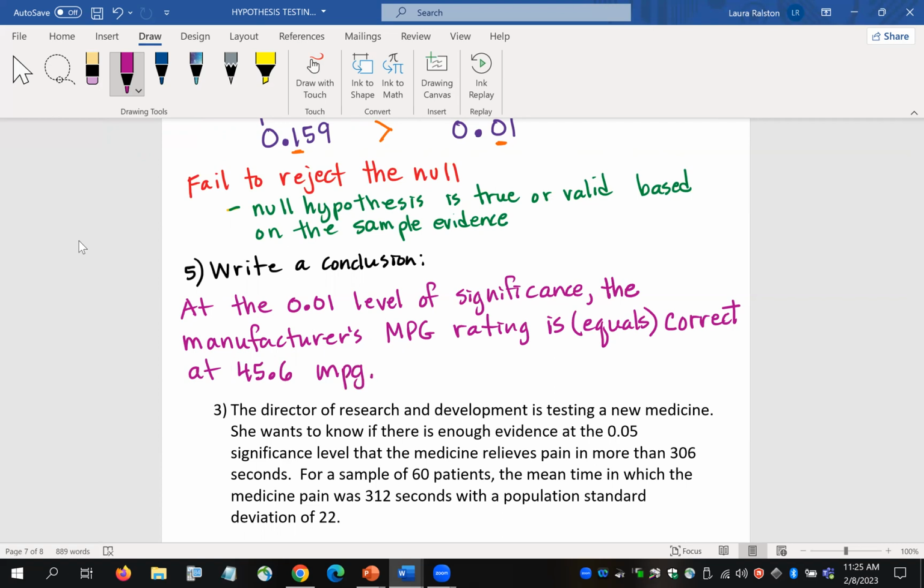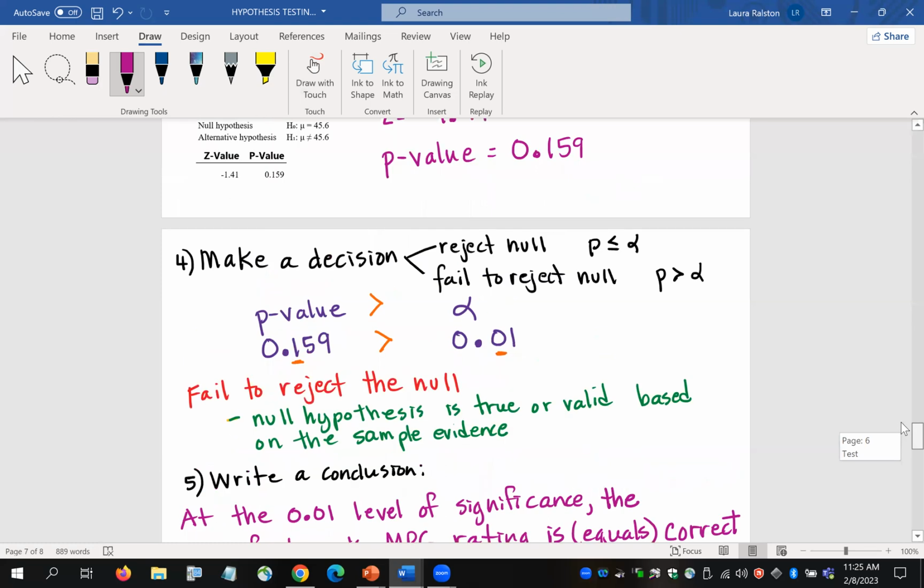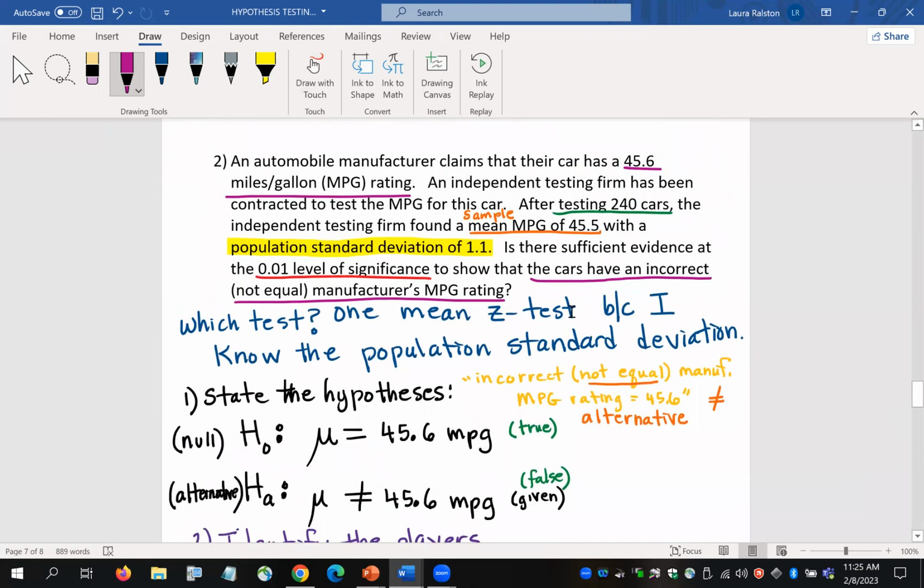Now again, I could have just said is 45.6 miles per gallon. But if I am mirroring the phrasing from the problem, I changed it from being incorrect to correct, because based on the evidence, I proved it was 45.6 miles per gallon.